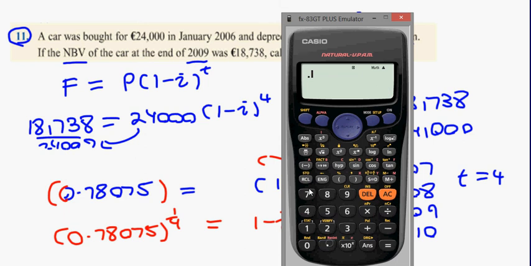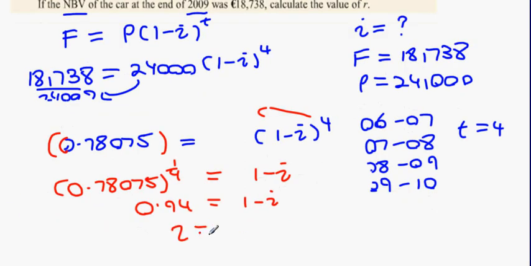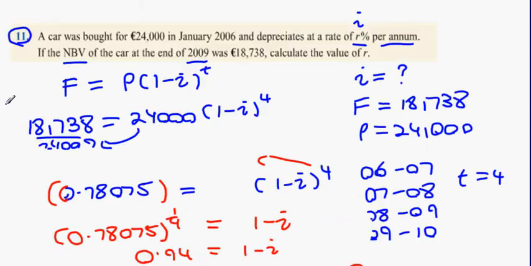So we're going to have 0.78075, wherever this answer is, okay? We're going to put that to the power of 1 over 4. And then what we're going to get is 0.94. So 0.94 equals 1 minus I. Therefore I has to equal 0.06 or 6%. Okay, so that's question 11.